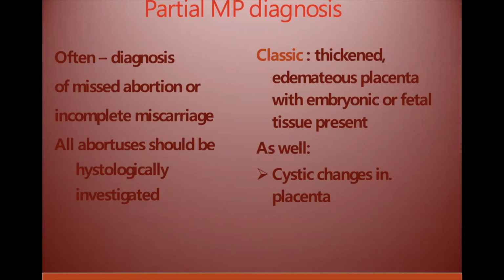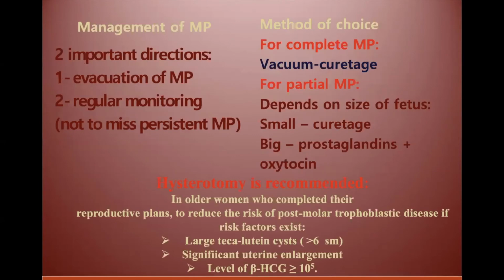All abortuses should be histologically investigated. Yes, all abortions, no matter whether they are molar pregnancies or not, and especially if it's a molar pregnancy, have to be histologically investigated. In partial molar pregnancy we have an edematous placenta with embryonic or fetal tissue present, and also cystic changes in the placenta.